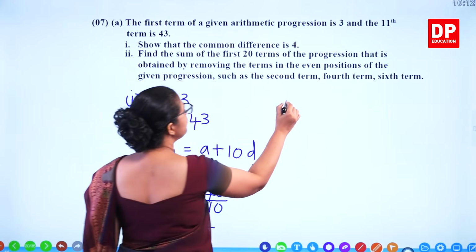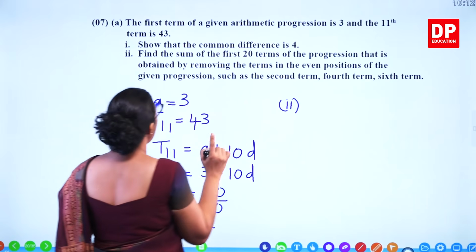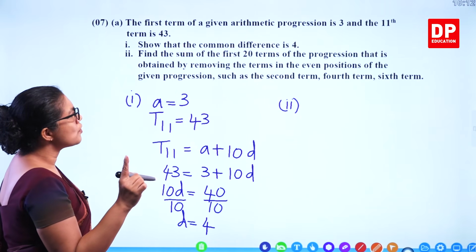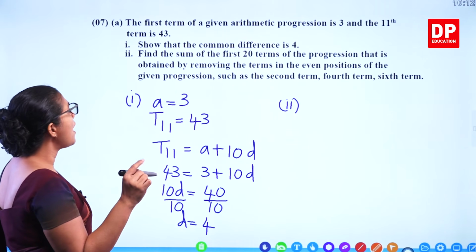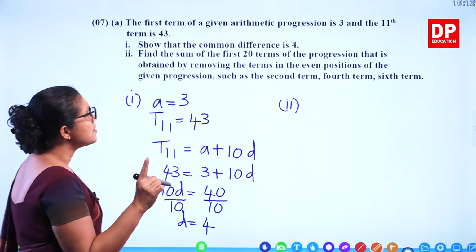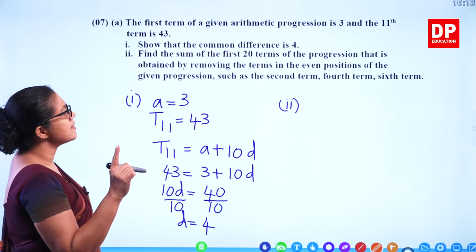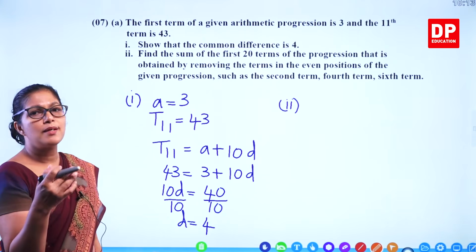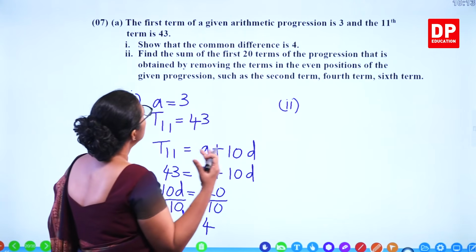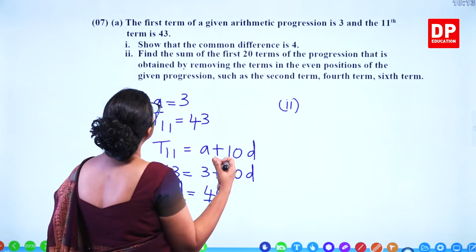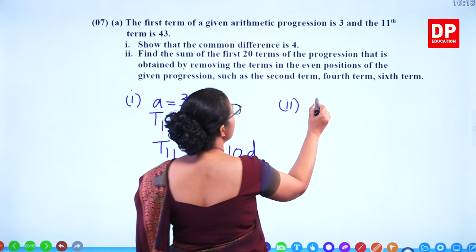Part 2. Find the sum of the first 20 terms of the progression that is obtained by removing the terms in the even positions of the given progression, such as the second term, fourth term, sixth term onwards. So what's the starting value? 3.